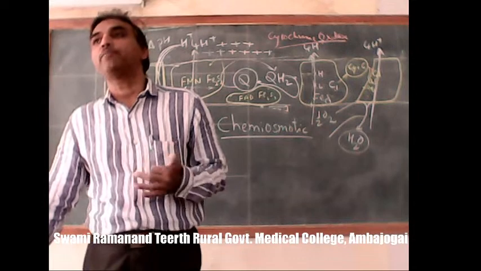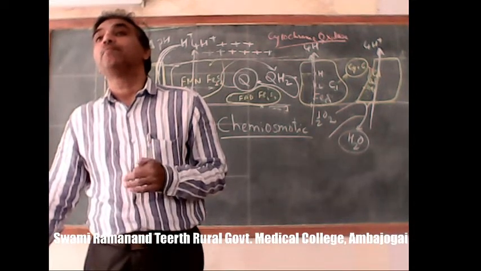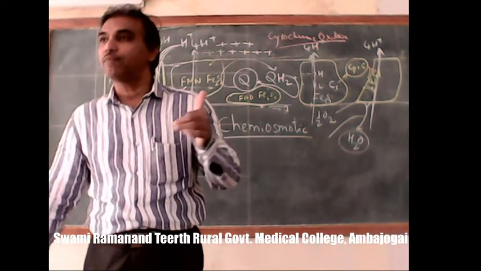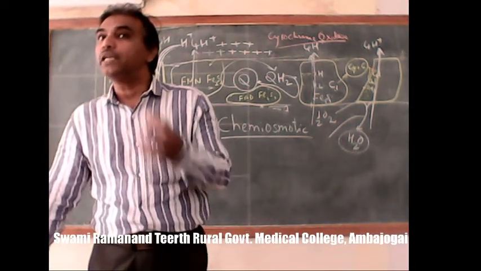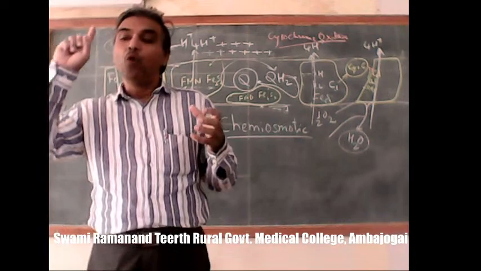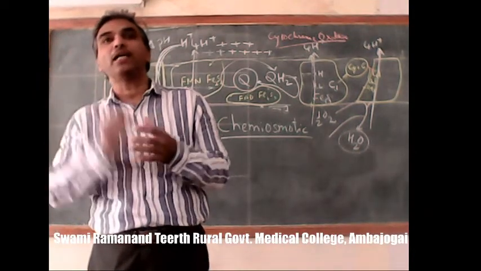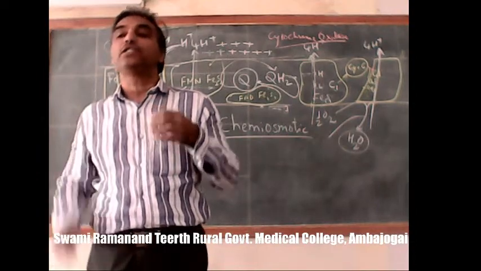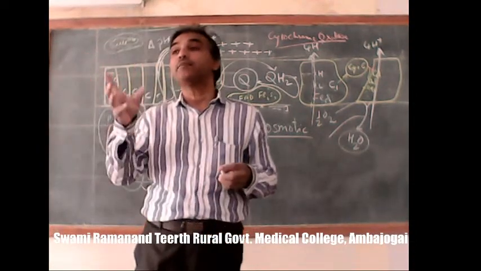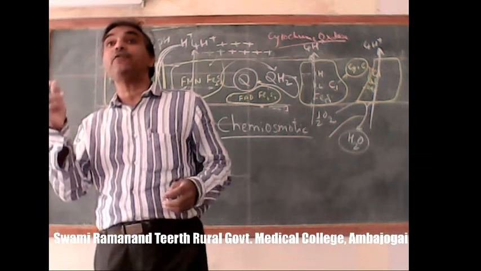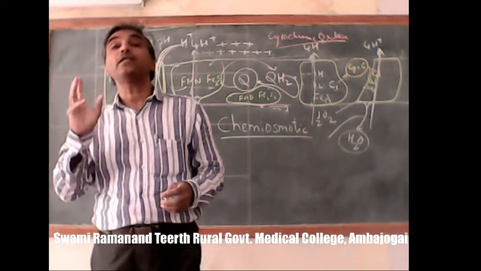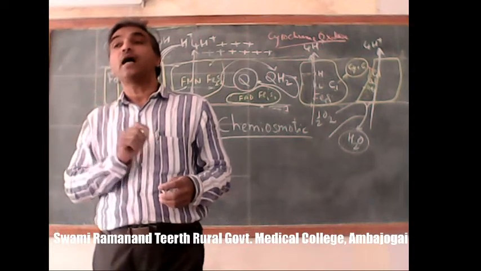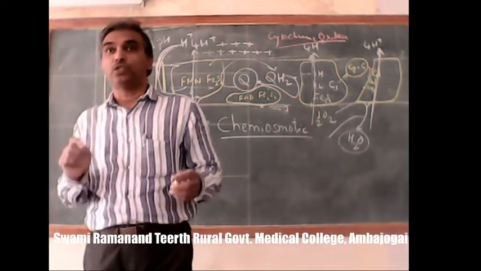This was put forward by Paul Boyer, for which he got the Nobel Prize afterwards. So this rotation of the gamma unit inside the 3 alpha 3 beta units leads to conformation changes in the beta units. There are 3 beta units with 3 conformations: one is tight, another is open, and one is loose.